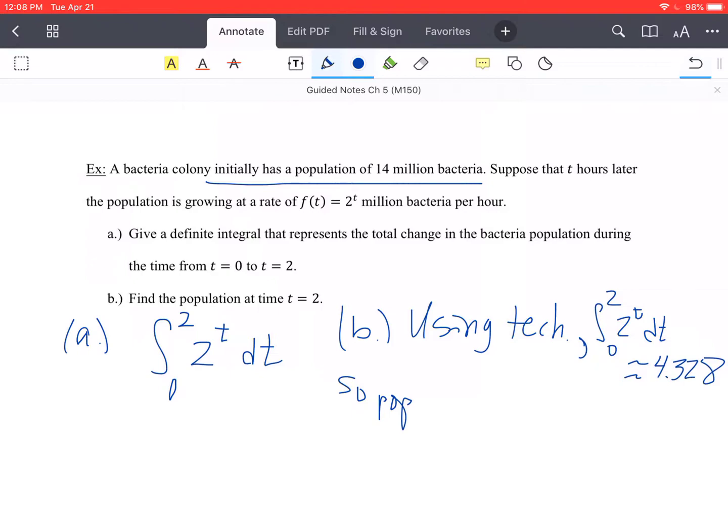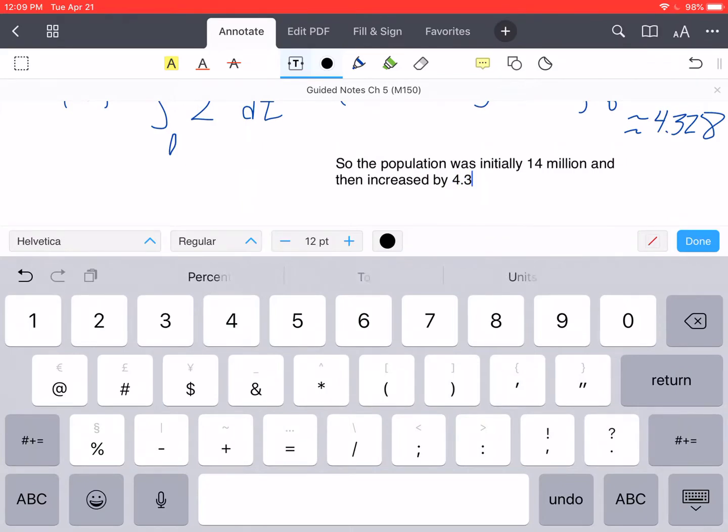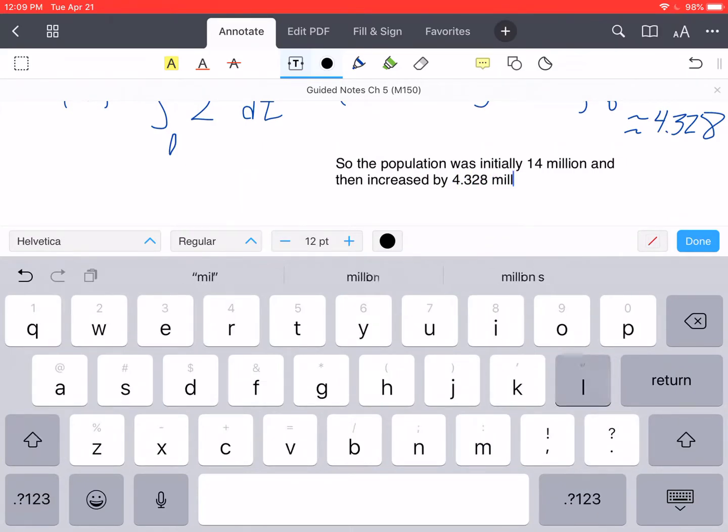Let me type this. The population was initially 14 million and then increased by 4.328 million.